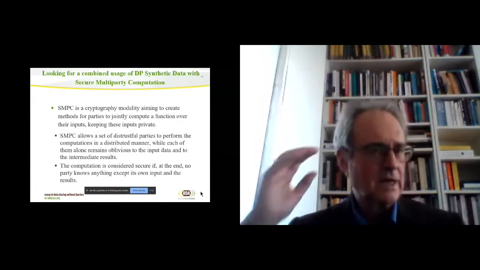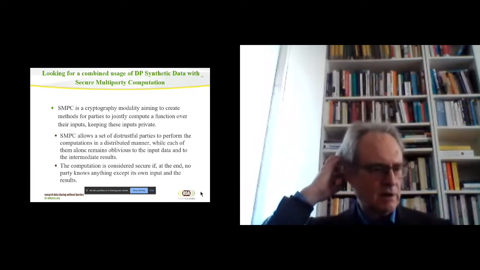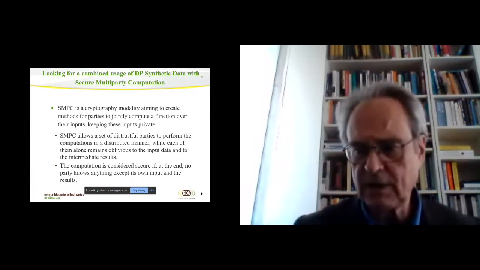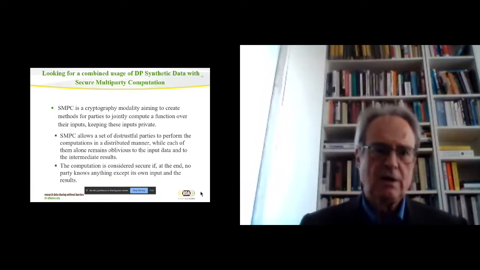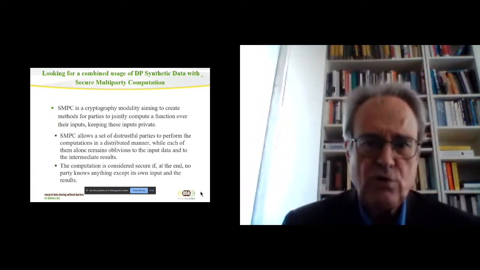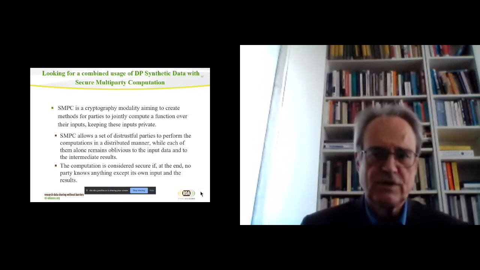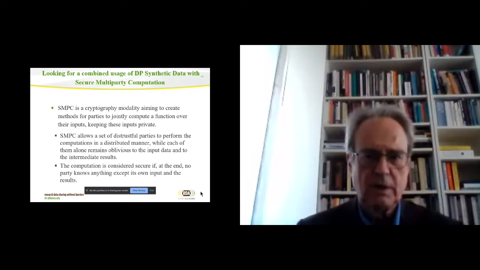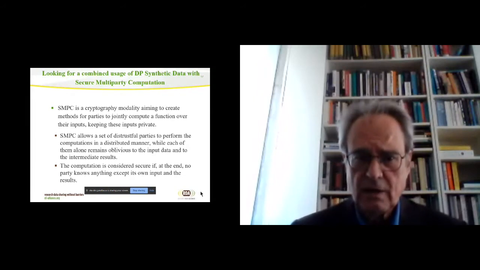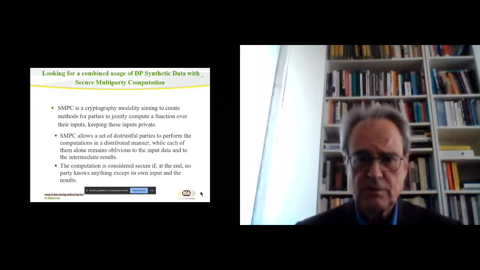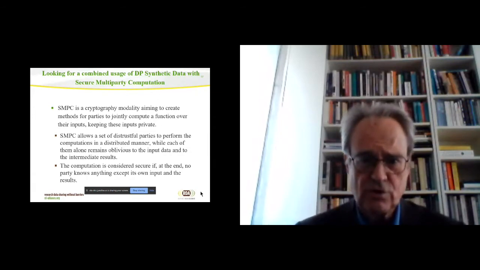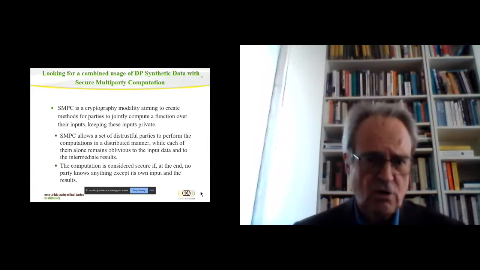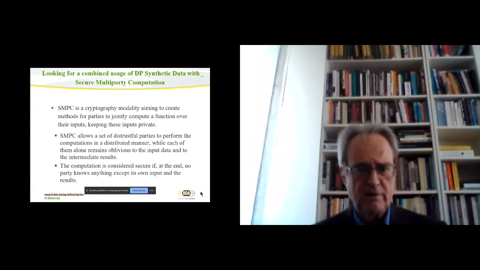There is one last point which has been hinted at by the call for next year by the European Commission, the first one. There is the possibility of looking for a combined usage of differential privacy synthetic data with secure multi-party computation. So we know that secure multi-party computation is a cryptographic modality aiming to create methods for parties to jointly compute a function over their inputs, keeping these inputs private.